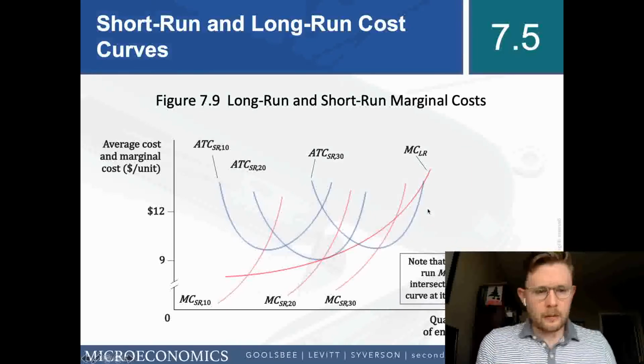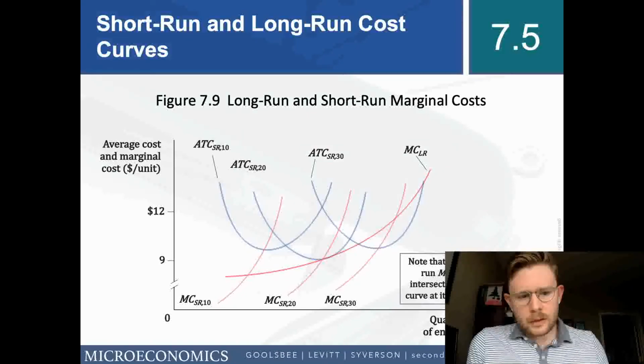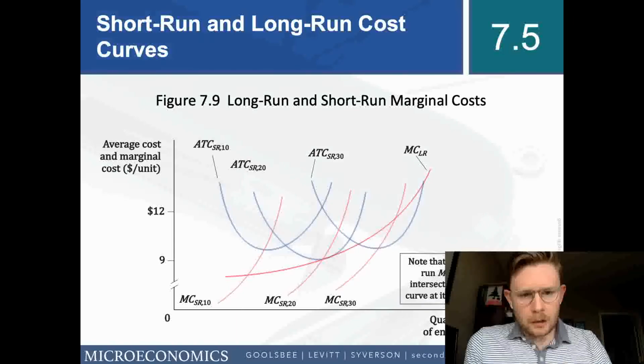The idea is the same. As long as the long run marginal cost curve is below the long run average total cost curve, the long run average total cost will decrease. Then at the intersection of the long run marginal cost and the average cost, that's your minimum long run average cost curve.